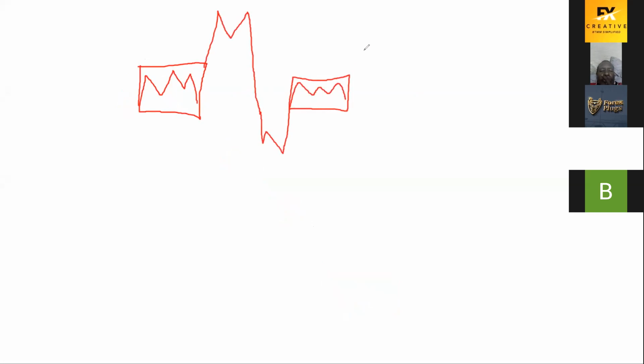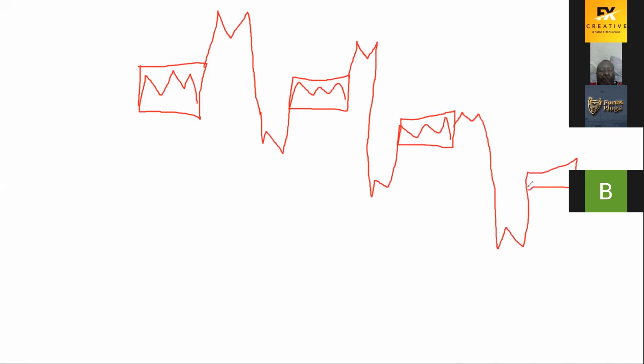So from here, you can expect the dealer to give you a type 1 London pattern and go down, ending the day back into consolidation. Here, the dealer can give you a type 2 London pattern and go down, ending the day back into consolidation.